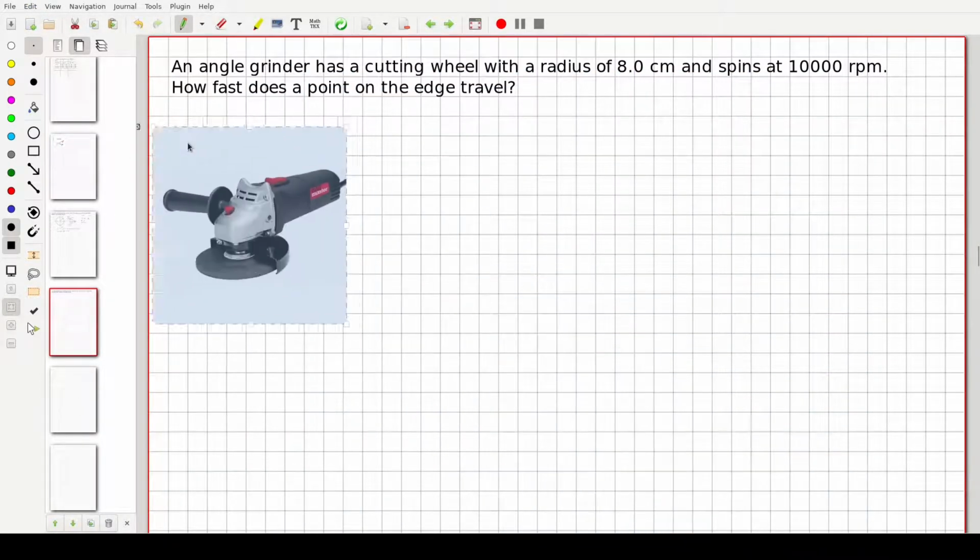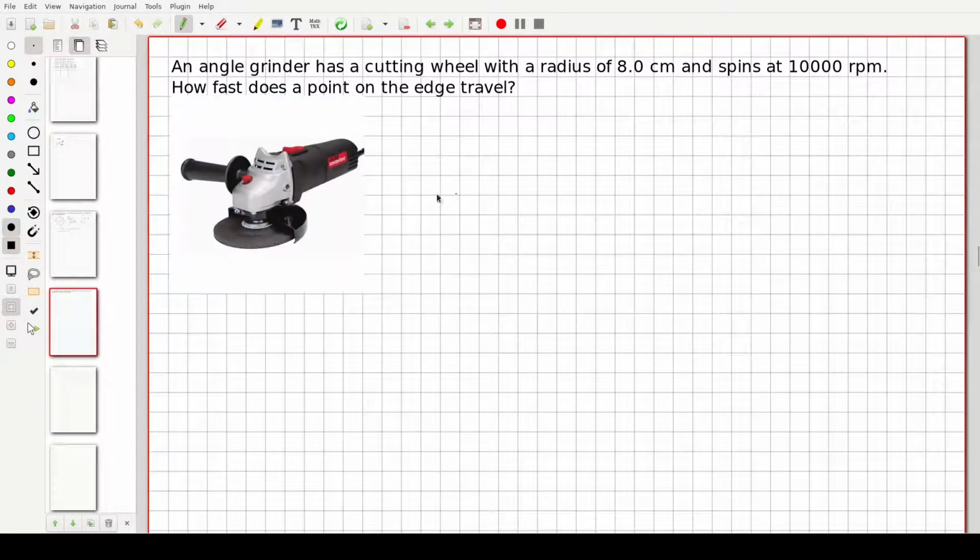This is what an angle grinder looks like. Now, these things spin super fast, and they have cutting wheels that you can attach to them that will just make short work of a lot of stuff. It's one of the reasons why I wanted to work this problem, is to show you that.